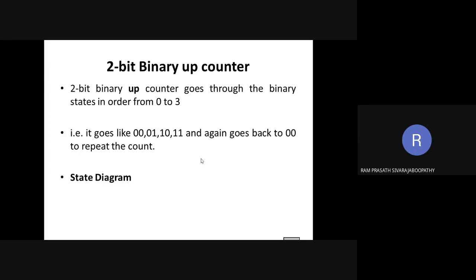So first we will go with the state diagram of this binary up counter. So of the 4 states, first state is 0 0, correct? What about the next state? Can you people type it in the chat? Yes, very good, 0 1. What about next state? 1 0, very good. What about the next state? 1 1.